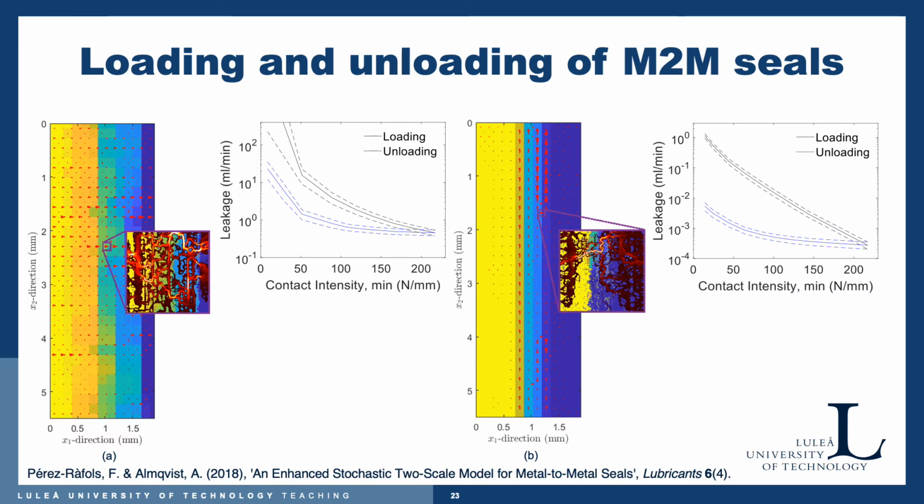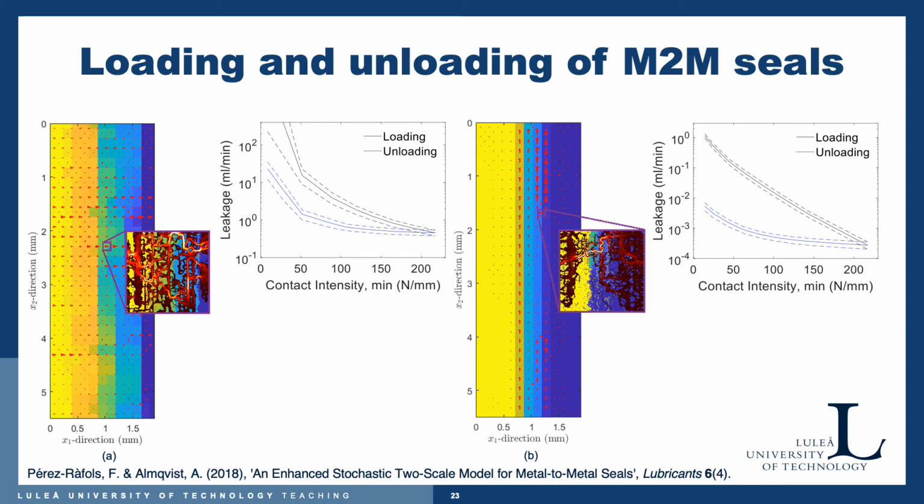Francesc Perez-Ravols was studying leakage in seals, and he developed stochastic two-scale models in which he could include the effect of the micro scale in the macro scale of the seal.